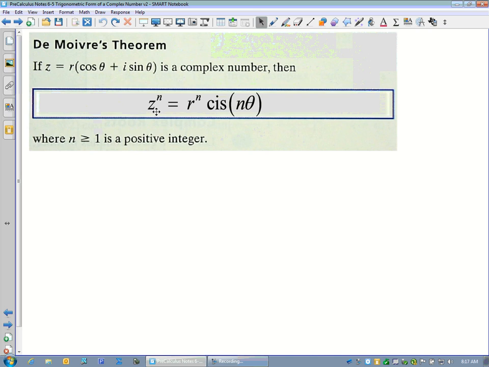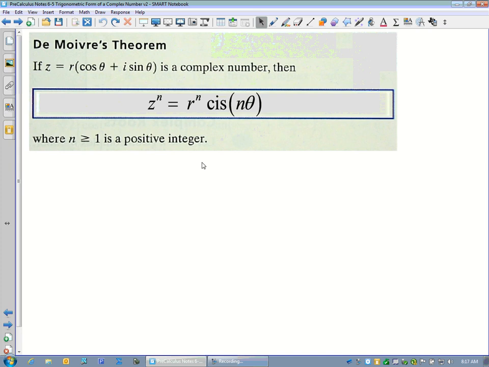Then z being our complex number here, z to the nth power, we're simply going to take the radius, or the magnitude, and raise that to the n, and we're going to multiply the angle by the n, which makes it a nice, quick, and easy shortcut.